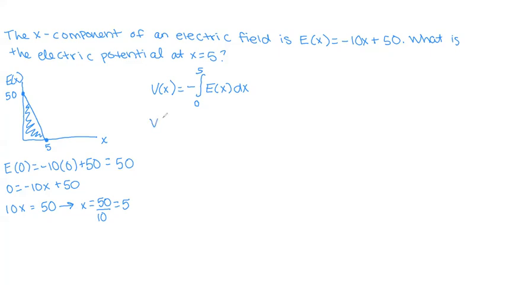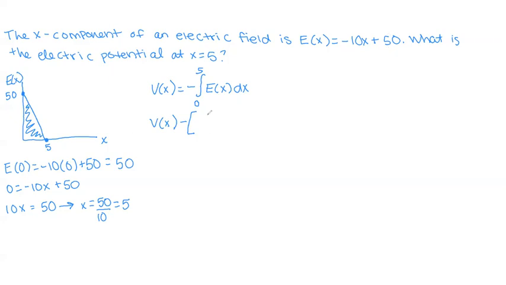All right, so we can plug in our expression there. Negative. So one important rule of integrals that I didn't mention on the previous slide is that you can take integrals separately in a sum, essentially. So you don't have to take the integral of this whole expression. You can take the integral of negative 10x and then 50 and then add them together.